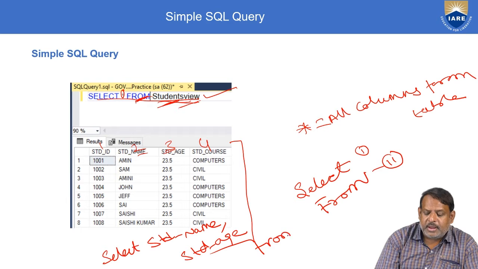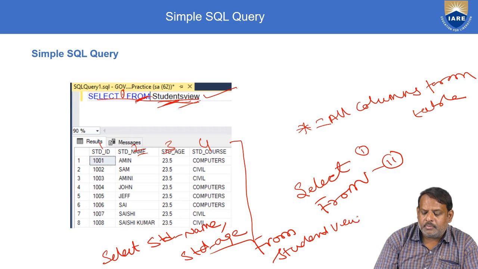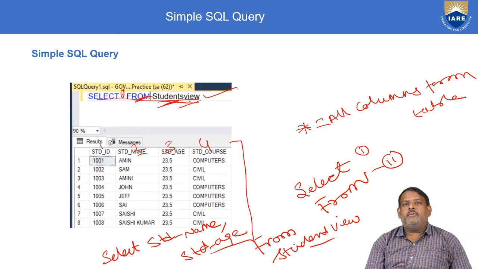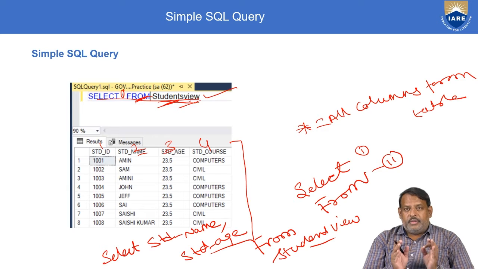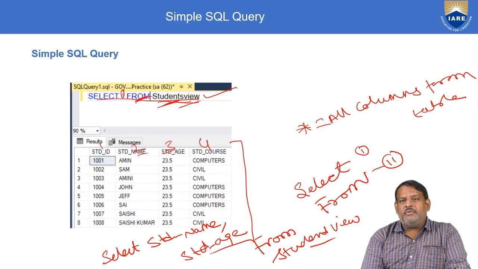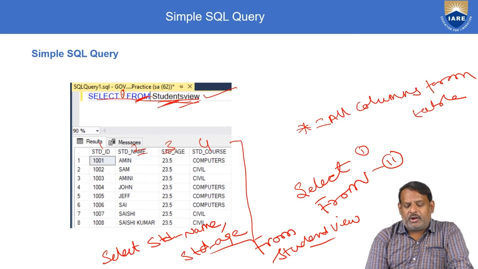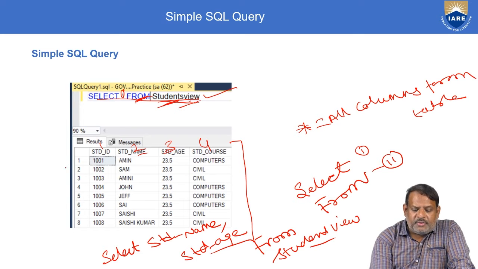From the table called student view. This is a simple statement. Simple SQL query: select star from table name. Student view is a table name. If you say star, all the columns will be returned.